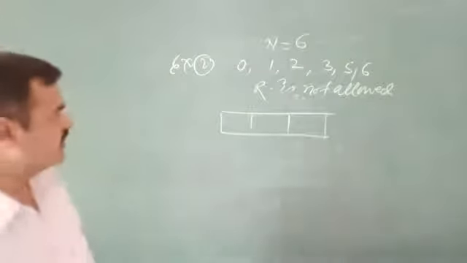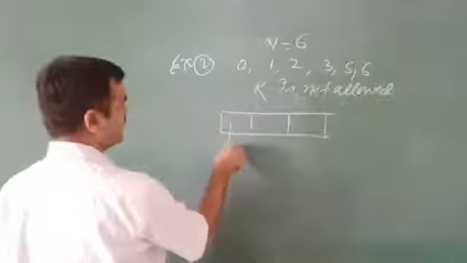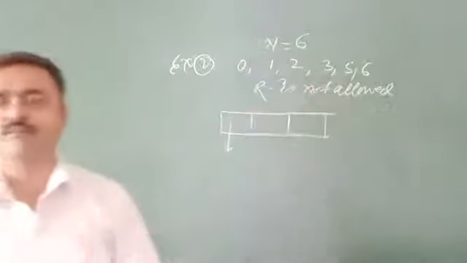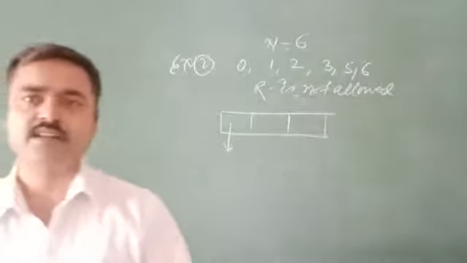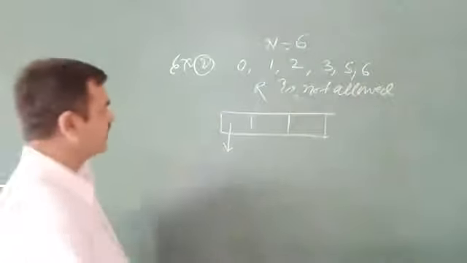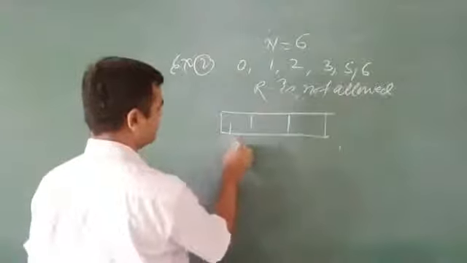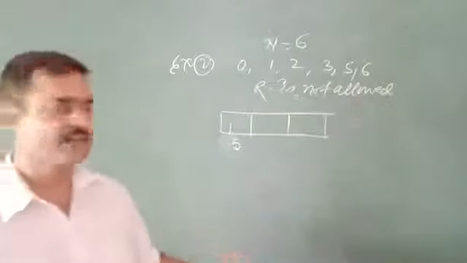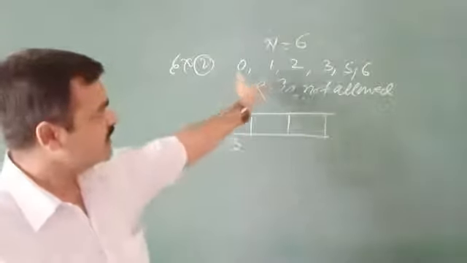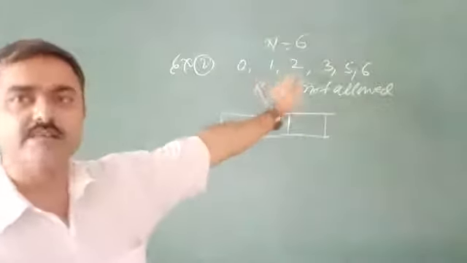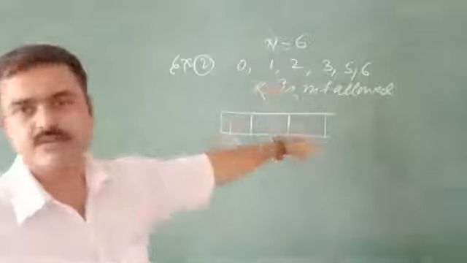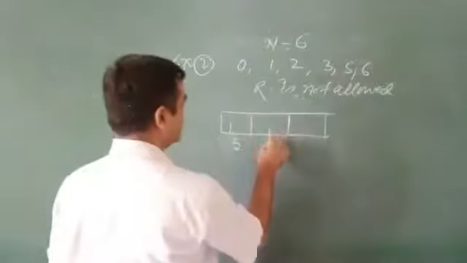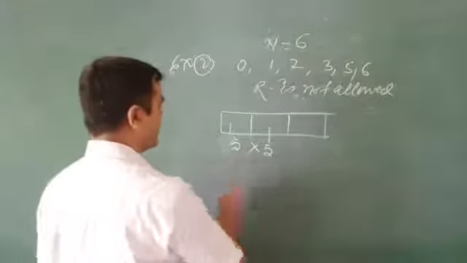So 0 cannot be placed here. Now the remaining are 5, and out of 5 digits any one digit can be arranged here in 5 ways. Now the remaining digits are again 5, because here 0 is also included. So out of 5, any one can be arranged here in 5 ways.